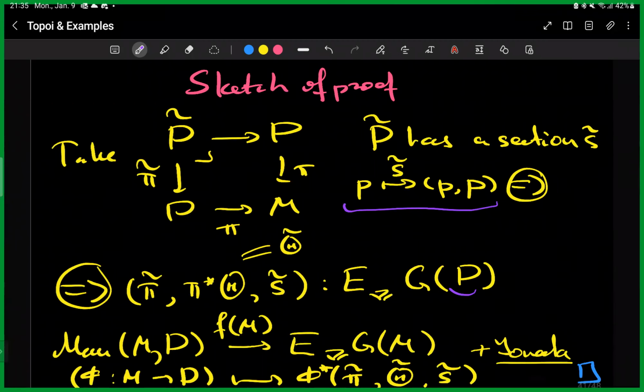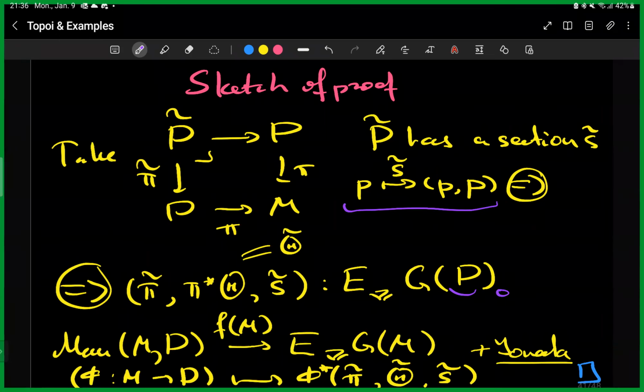So if we have this trivialized bundle over P, it is a zero simplex inside of this EG P. So I wrote it absolutely horrendously. Obviously, I mean it's a zero simplex.